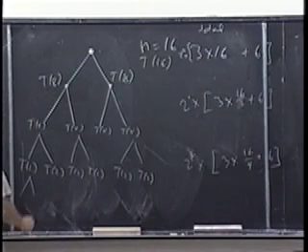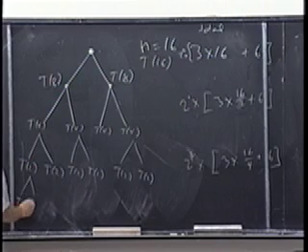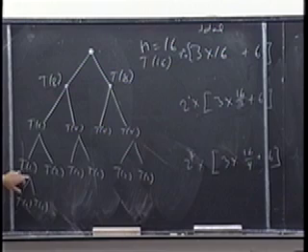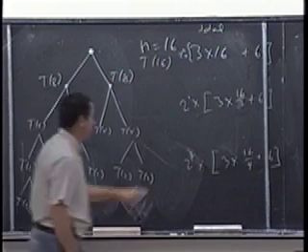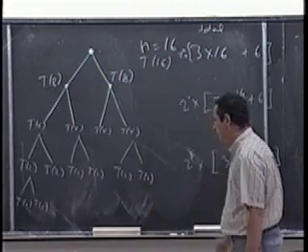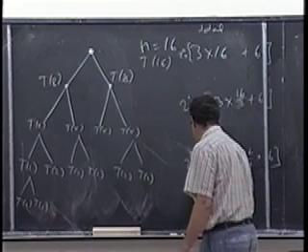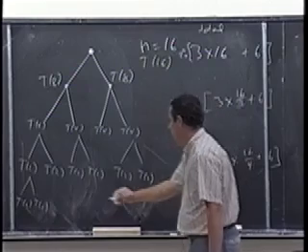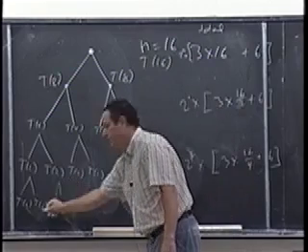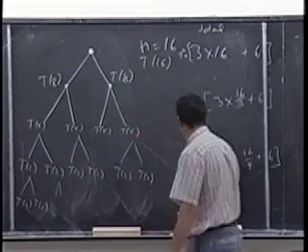And, well, I don't know what t of 2 is, but it's getting a little tedious. I know that t of 2 is, again, just applying that recurrence, well, it's all these t1s plus what?